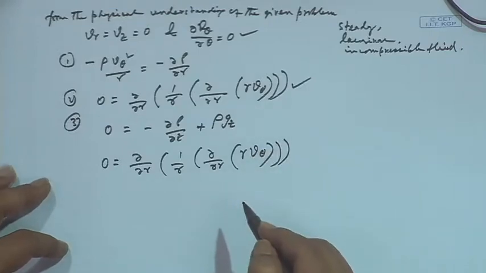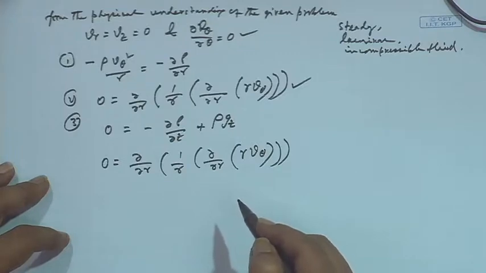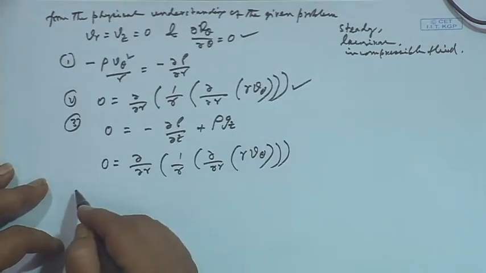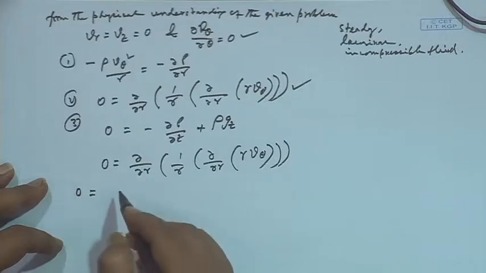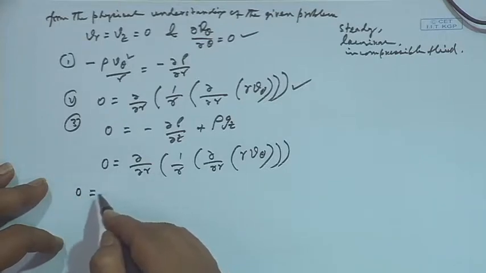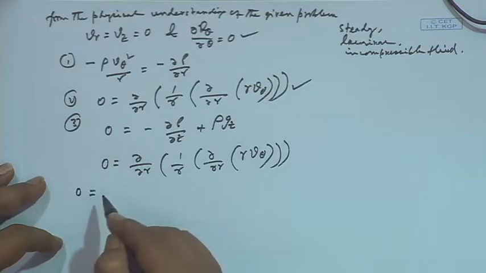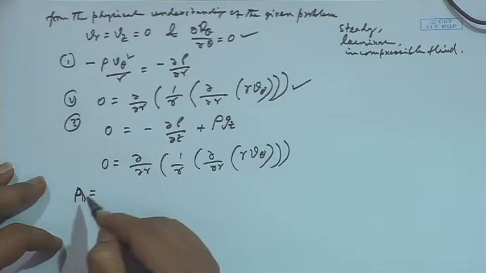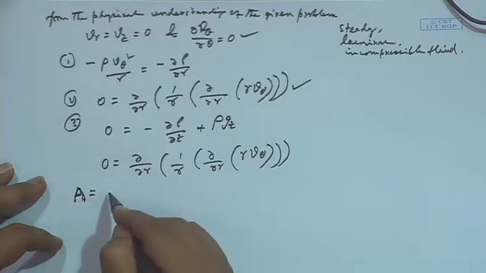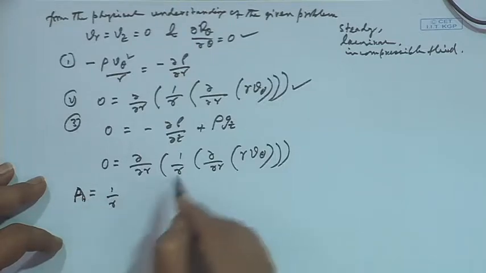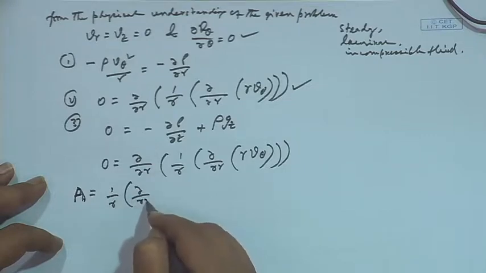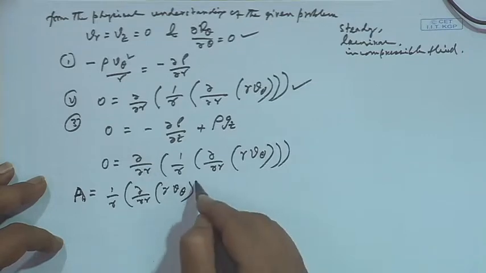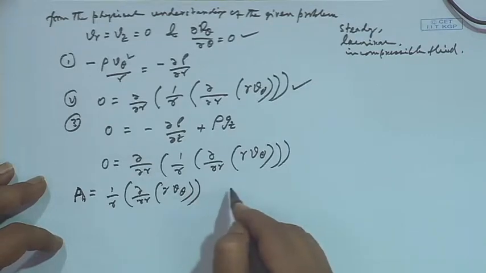So, if we take this 0 is equal to del del r of 1 by r del del r of r V theta as the solving equation, then on first integration, as we found out earlier, with an integral constant, let us write I is equal to 1 by r of del del r of r V theta, right. This was on first integration.